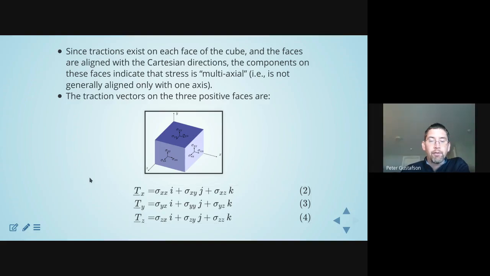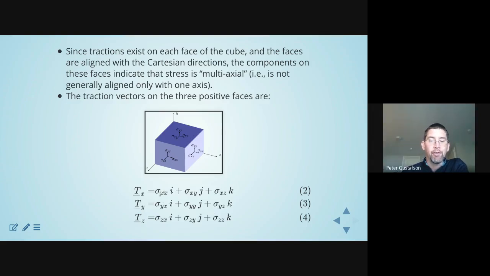Three components of stress for each traction vector, three faces. So we actually now have 9 stress components: xx, xy, xz, yx, yy, yz, zx, zy, and zz. All of these are still vectors.